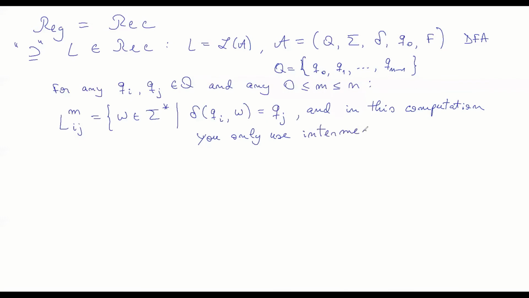So what I mean by intermediate states, anything that is not Qi or Qj, from Q0, Q1, all the way to Qm minus 1. So again, what this means is that Lij with m here means that you're going to take all the words that in your automaton take you from state Qi to Qj, and in your computation, you never use state Qm or anything higher than that. You only use states up to m minus 1.